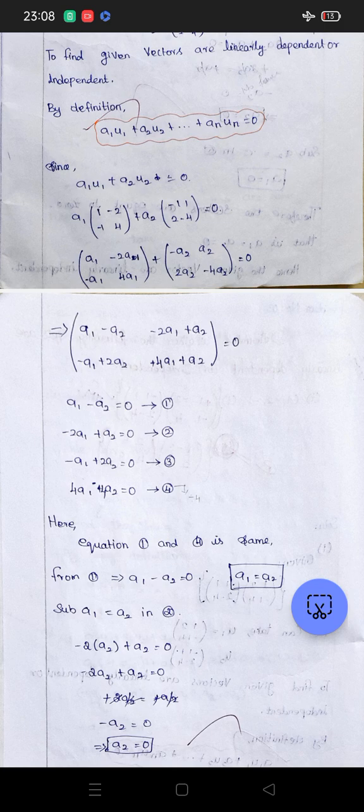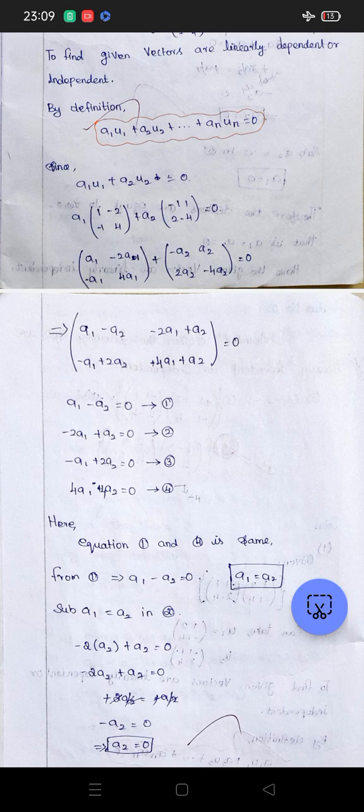Multiplying with the scalars gives a1, 2a1, minus a1, 4a1, plus minus a2, a2, 2a2, minus 4a2, equal to 0. Adding the two sets of vectors: a1 minus a2, 2a1 plus a2, minus a1 plus 2a2, 4a1 minus 4a2 is equal to 0.